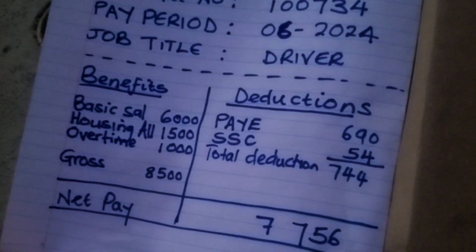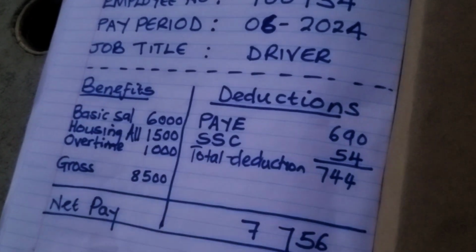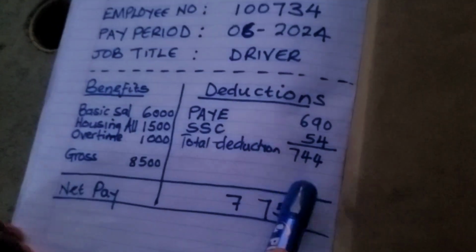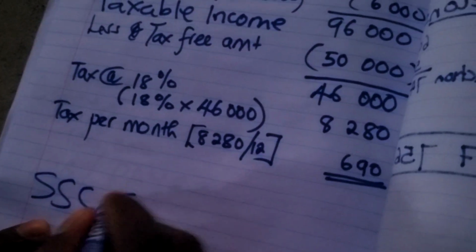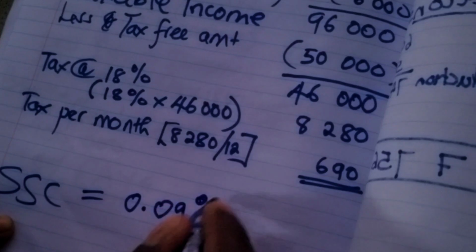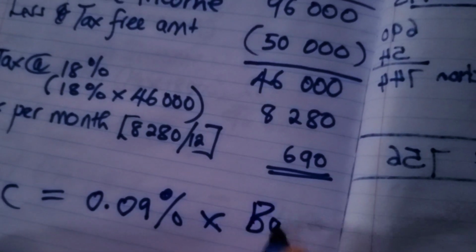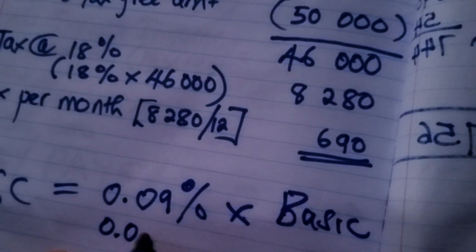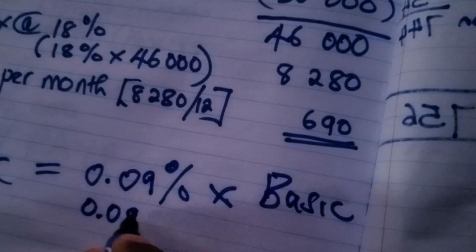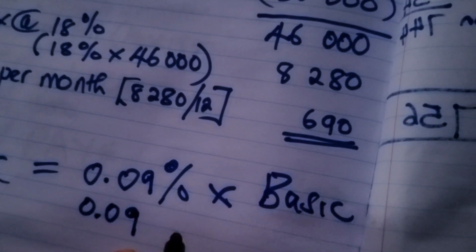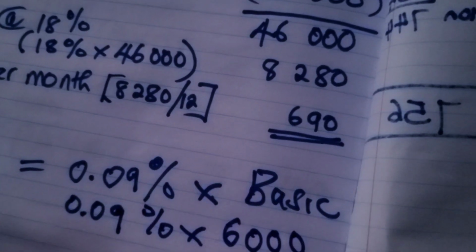I hope these explanations clarify our deductions for Comrade Petrus. Then the Social Security, as you might also know, Social Security is charged this $54. We got it. Social Security is equal to 0.09% of his basic, of 6,000, right?